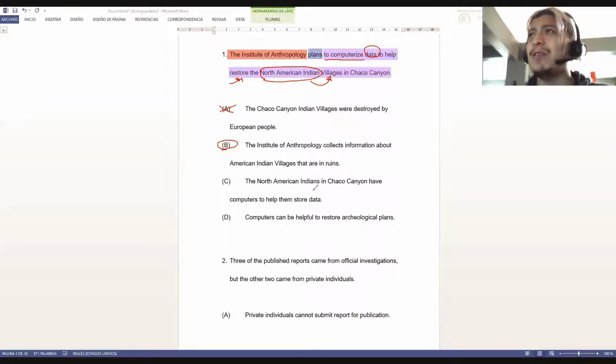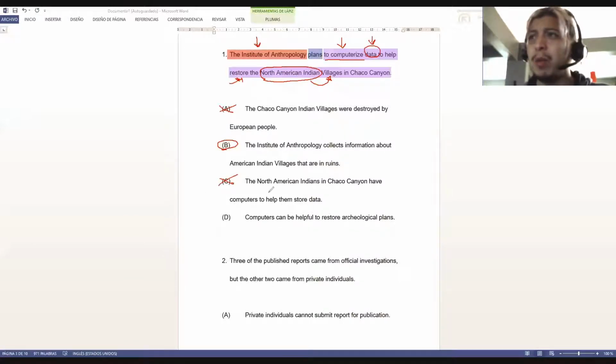And the storing of the data is something that the Institute does. The Institute has their computers and they have the data and they want to computerize the data with the purpose of restoring these villages. So this doesn't really make any sense.